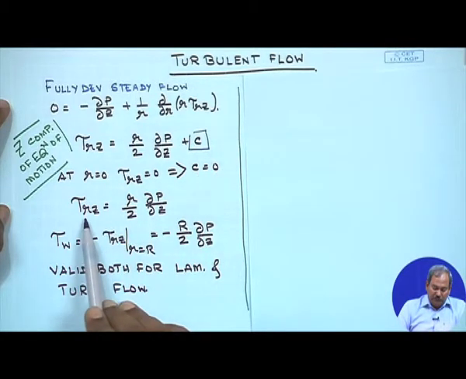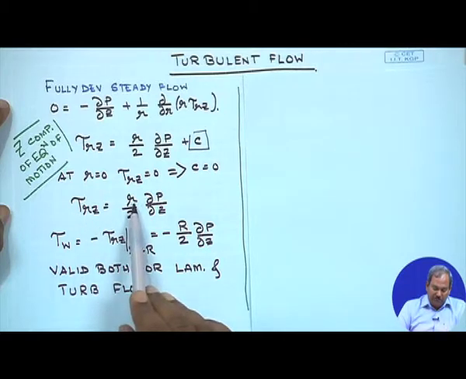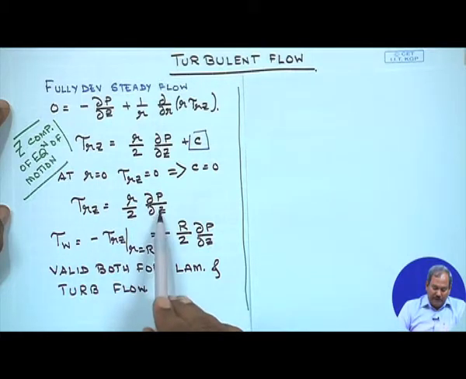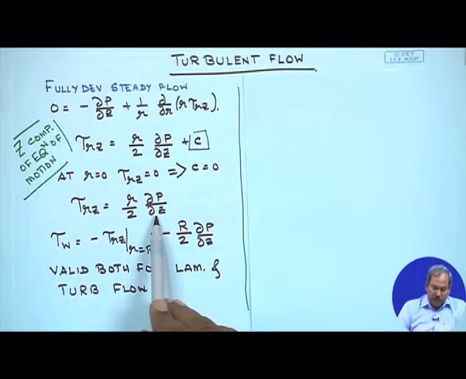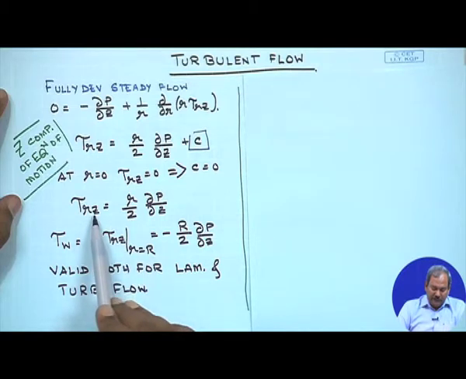So the expression for shear stress in a flowing fluid would simply be equal to r by 2 del P del Z, where r is the radial distance coordinate and del P del Z is the pressure gradient which is forcing the liquid to move from lower values of Z towards higher values of Z. This is the shear stress on the fluid.